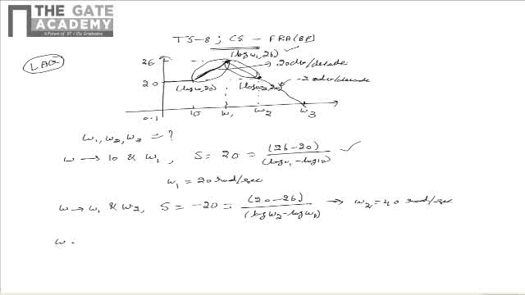Now finally we see that as omega is varied between omega 2 and omega 3, the slope of the line is minus 20 dB per decade, and we are discussing now about the region marked.